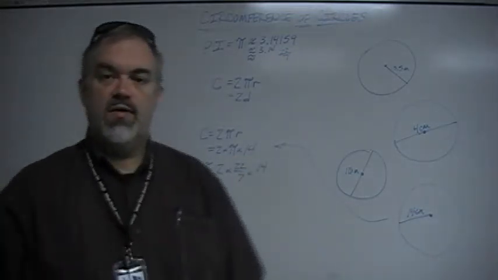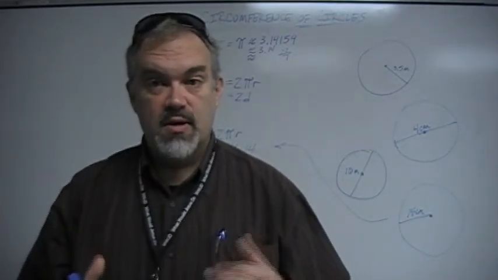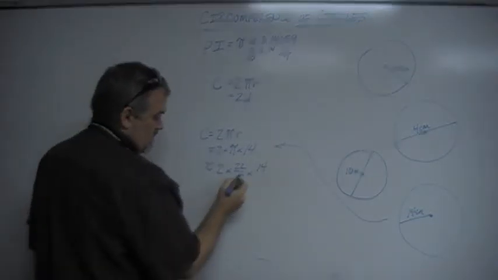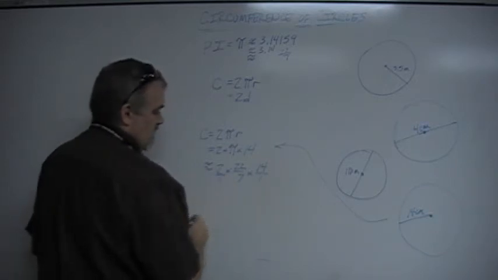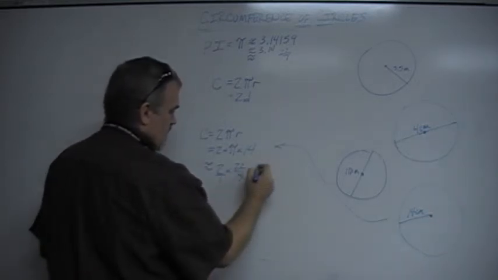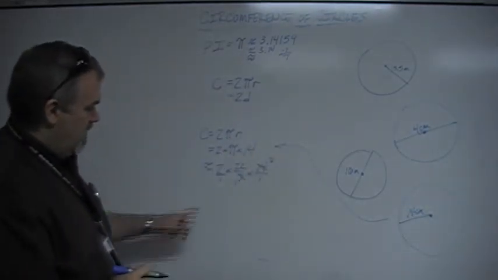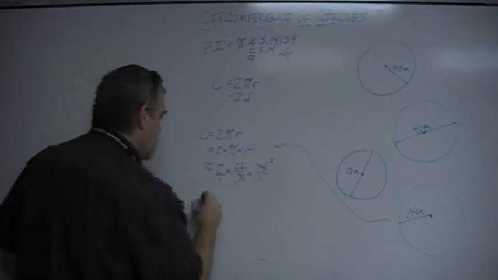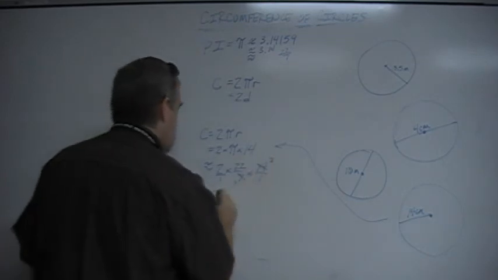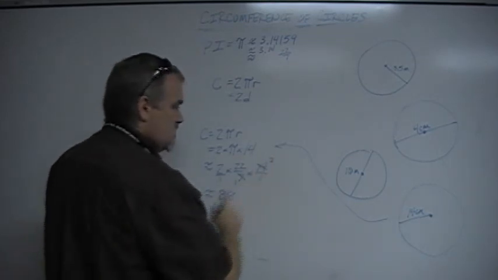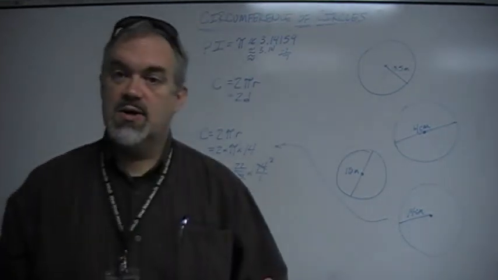Now if you remember from the way we do multiplication of fractions, we can cancel. This is the same as 14 over 1, 2 over 1. We're going to cancel that 7 and make it 1, and cancel this 14 and make it 2. And then all we have to do is multiply across the top and across the bottom. We have 2 times 22 is 44, times 2 is 88, and it's just over 1, so we have 88 centimeters. And that is the circumference of circles.